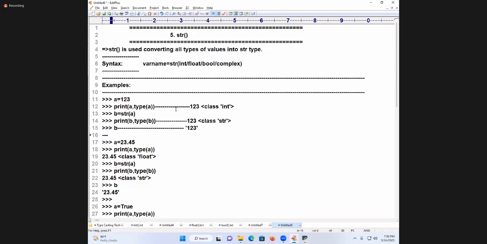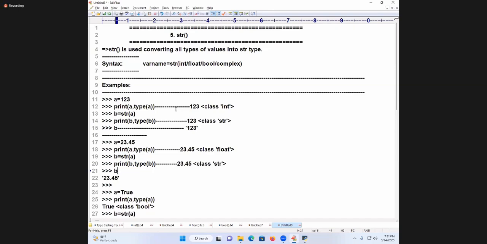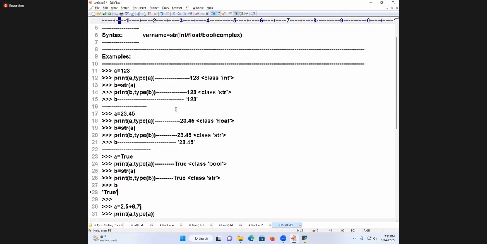So this is about int. Float related data: str of this gives b as 23.45. Now a is True, and the b value is True, internally available within single quotes.